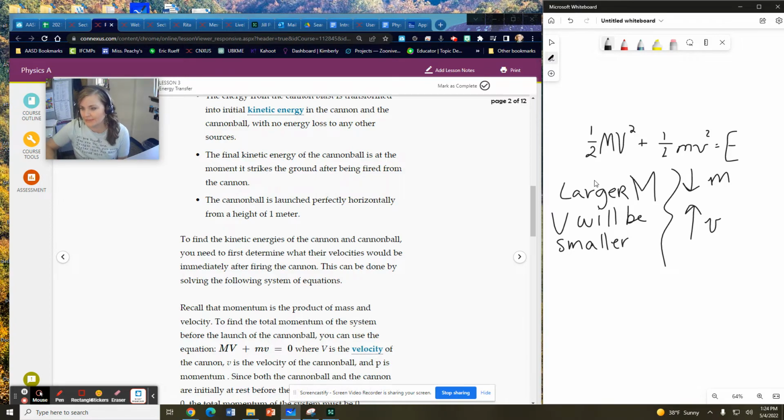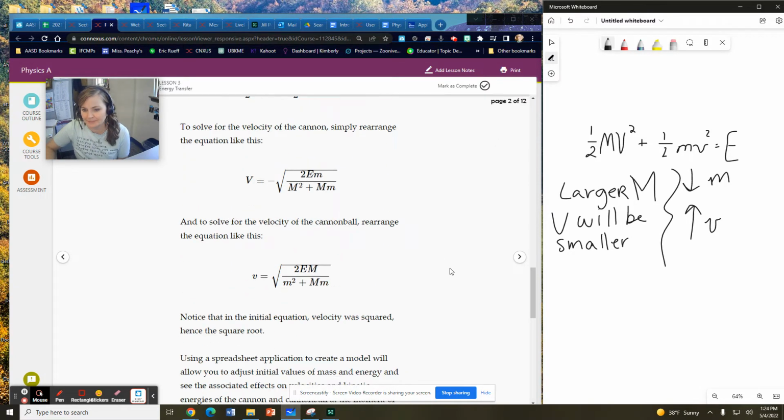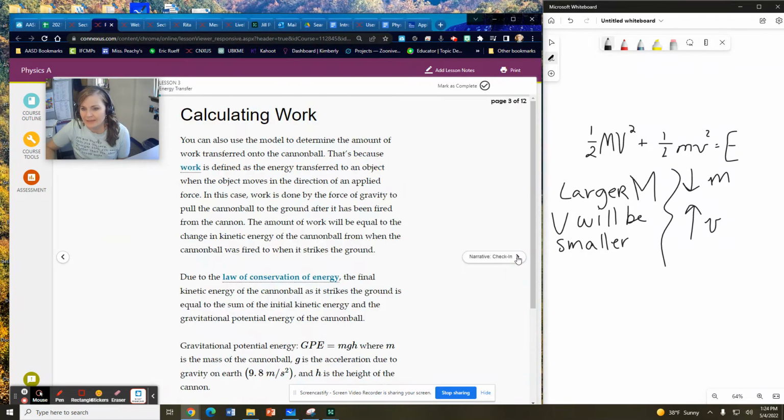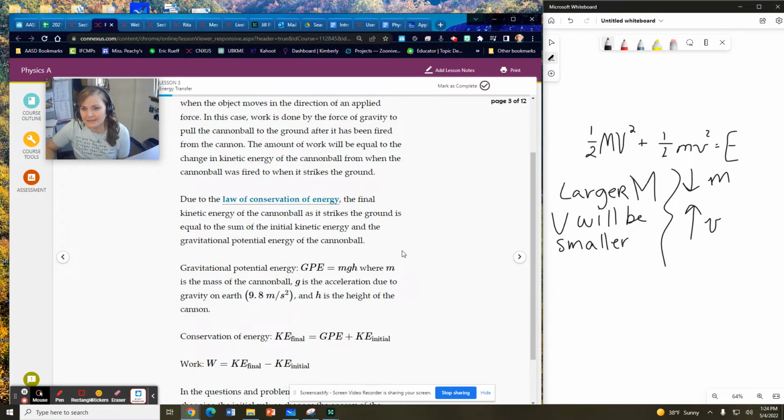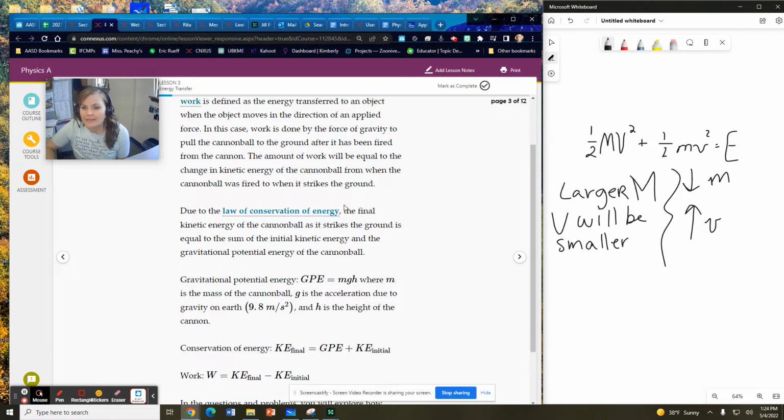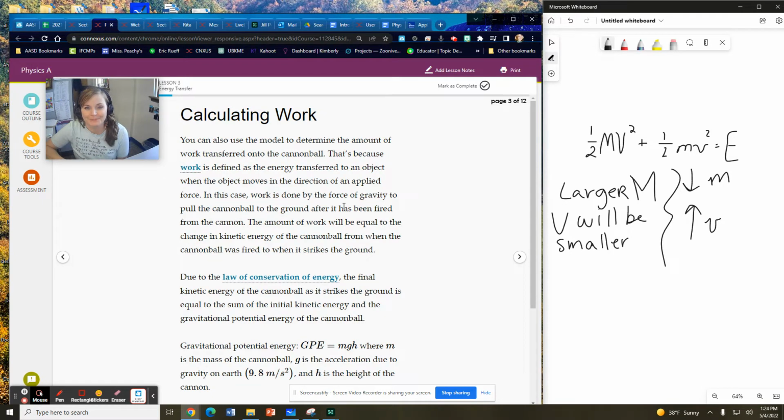The other thing that they talk about in this lesson is something called work. And work is moving a force over a distance, right?